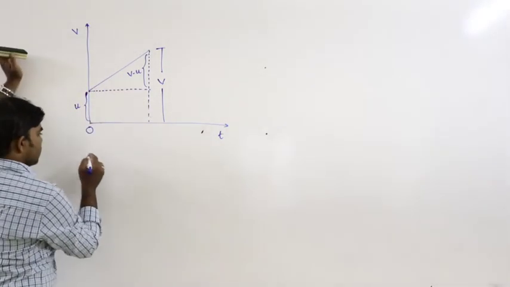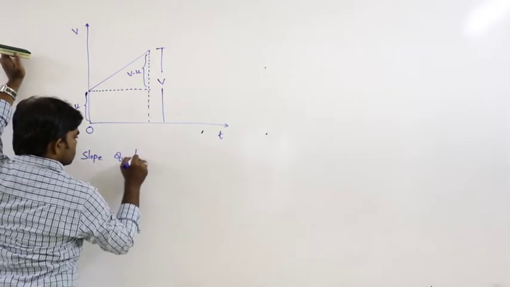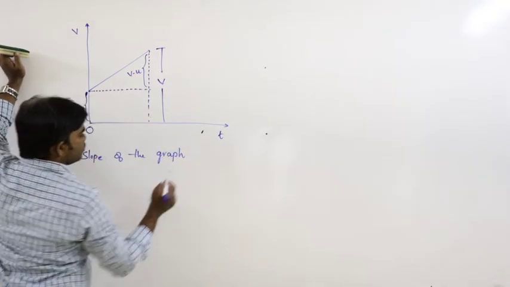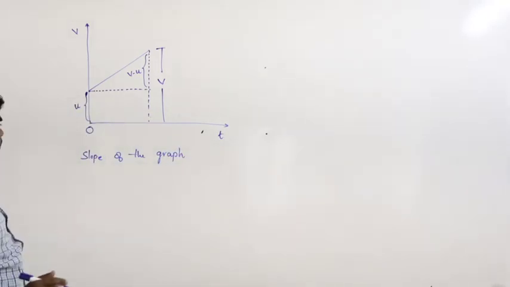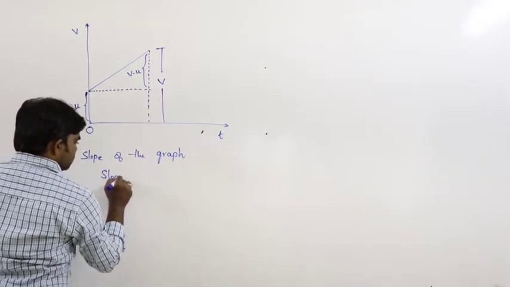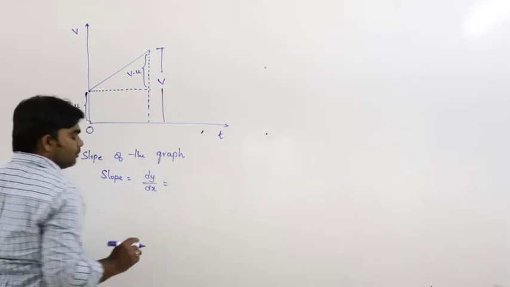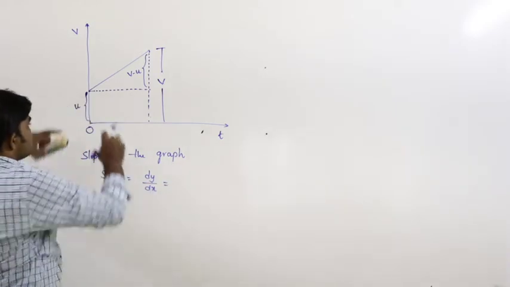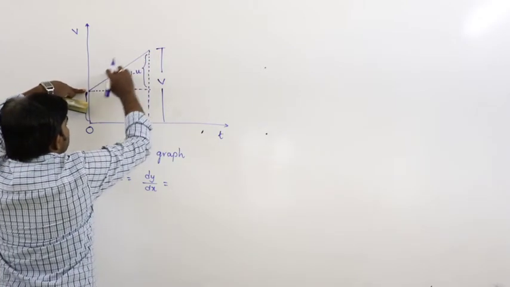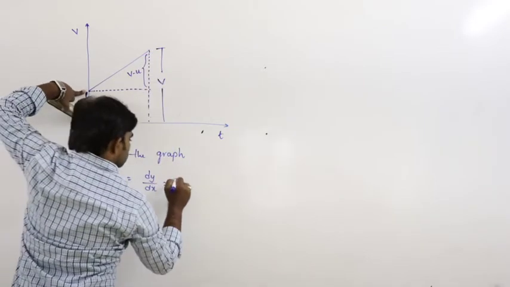So first we have to calculate the slope of the graph. Slope can be written as dy by dx, or y component by x component.